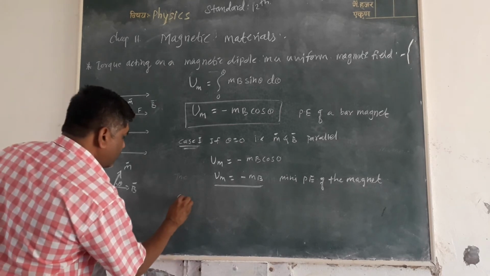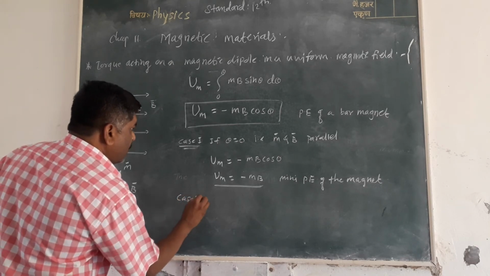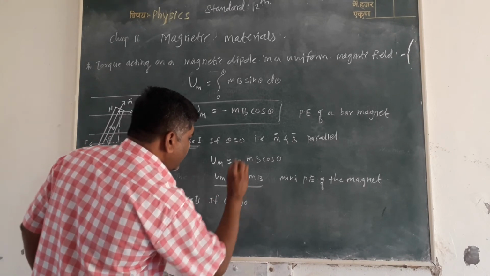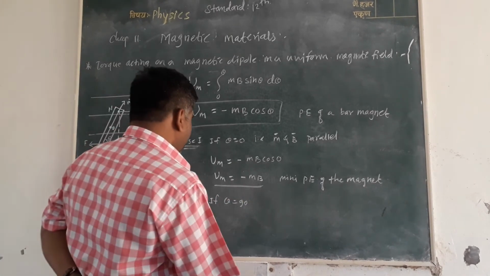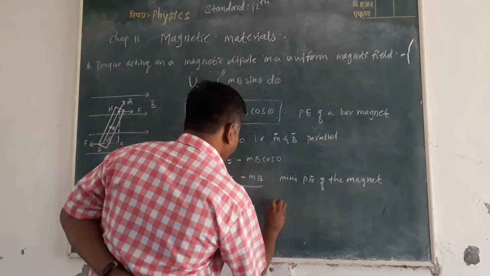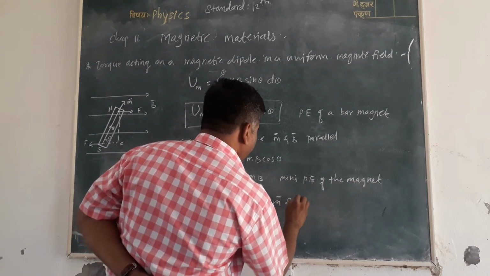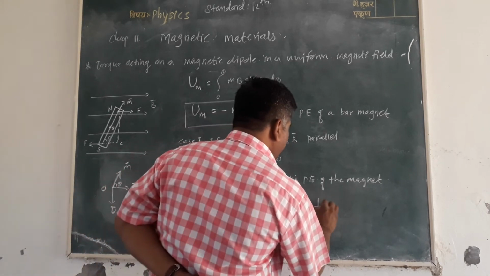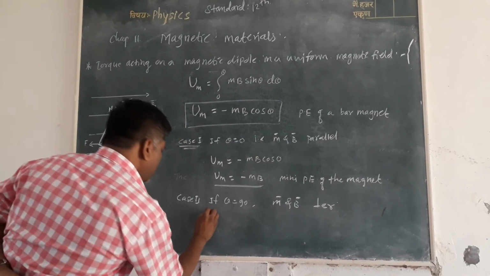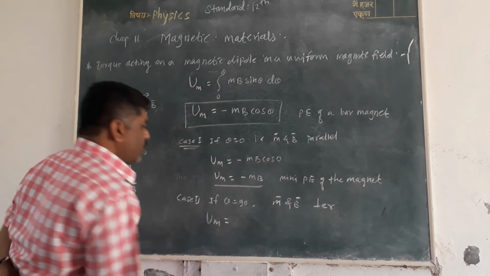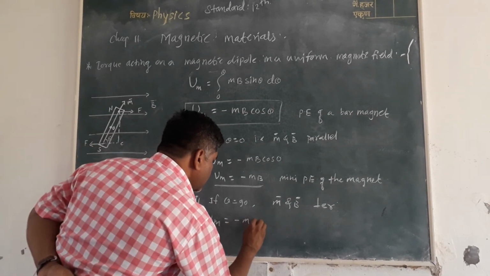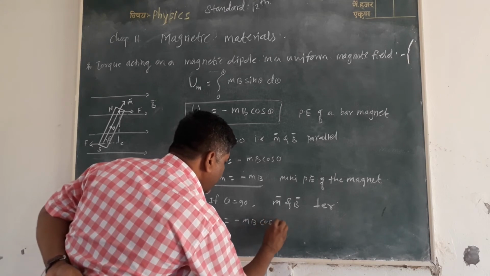Now case second, if theta is equal to 90 degrees, then the direction of M bar and B bar is perpendicular to each other. Therefore, the value of magnetic potential energy will be minus MB cos 90.